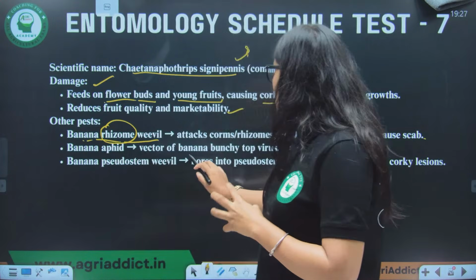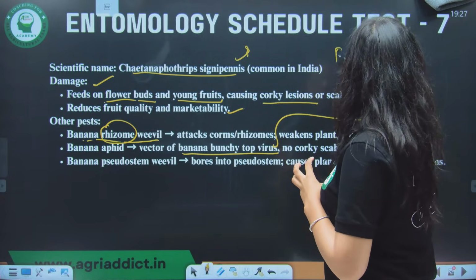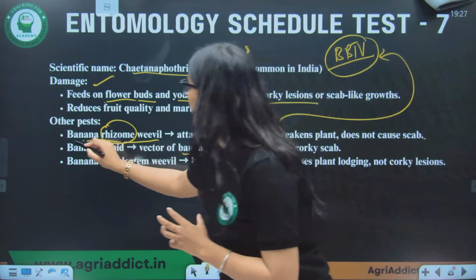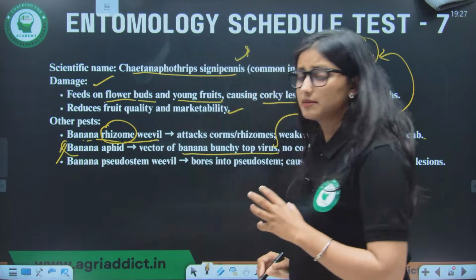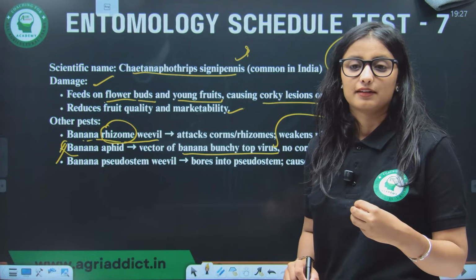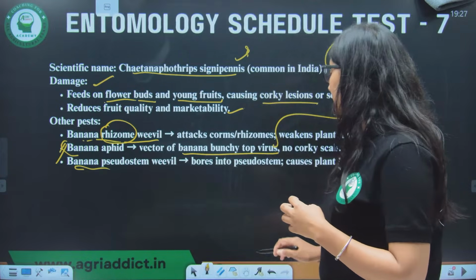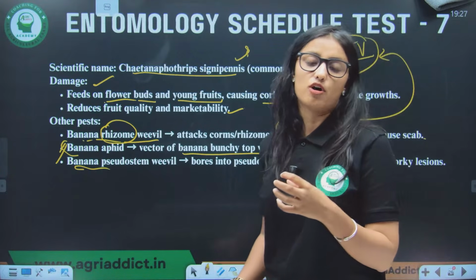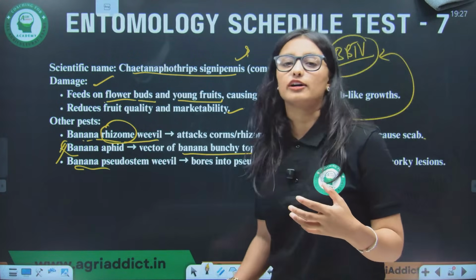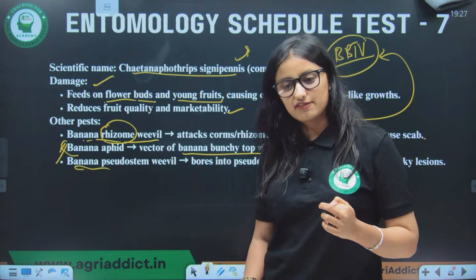Banana aphid is a vector of BBTV, banana bunchy top virus. You should know this also. Banana aphid is vector of which virus? Banana bunchy top virus. Okay. Is it clear now? And what about banana pseudostem weevil? It bores into the pseudostem of banana. Okay. And causes waterlogging and other lesions. Is it clear now? C. Very good. C is the correct answer.